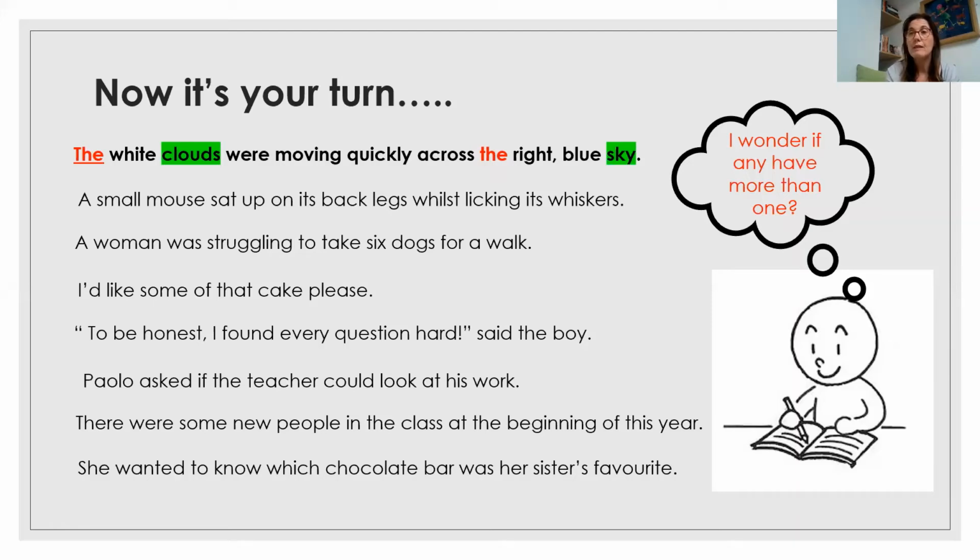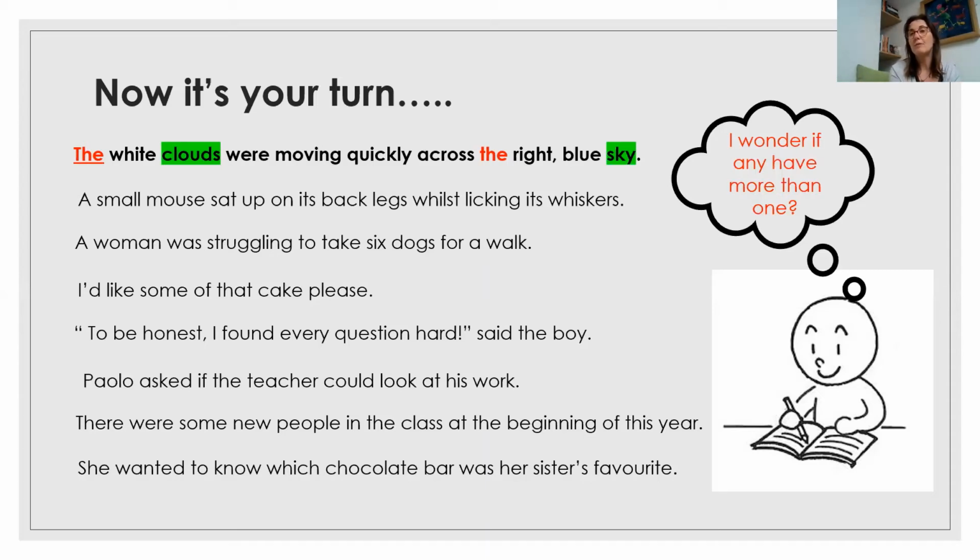The way to do it is to look for the nouns within the sentence to start with. Find the nouns and then look before the noun. Remember, it might have an adjective before it, so it's not the adjective. Look again before that and see if the determiner is there.